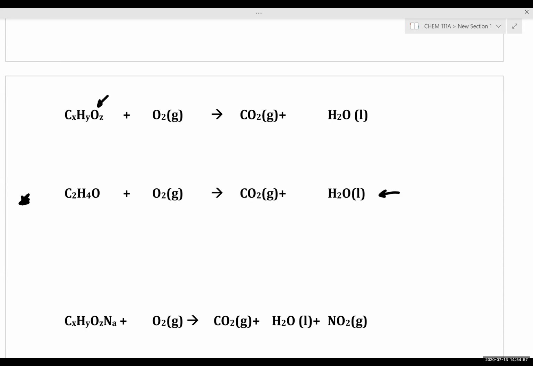So I'd like you to propose a balanced chemical equation for the following starred combustion reaction. And we'll discuss this balancing example in about 2 to 3 minutes.